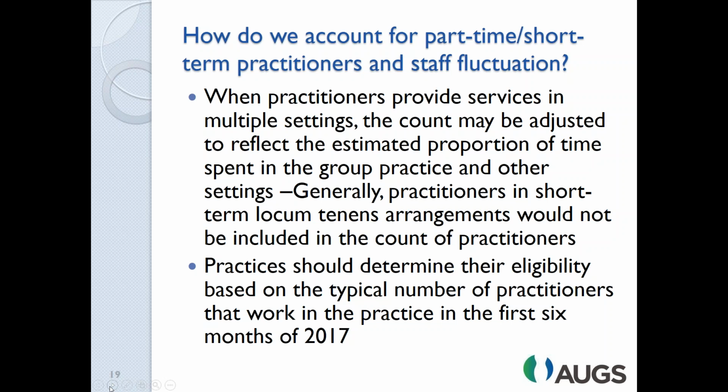Practices should determine their eligibility based on the typical number of practitioners that work in the practice in the first 6 months of 2017. So for whatever reason, your practice had a number of people change their employment status with the practice or leave the practice for the back half of 2017, you really want to look at the first half of 2017 and put together your counts in regards to whether you're meeting the threshold of 10 or more.